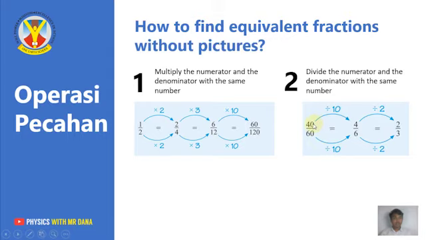I divide 40 by 10. I also divide 60 by 10. So 40 divided by 10 is 4 and 60 divided by 10 is 6. So I got 4/6, which is equivalent to 40/60.